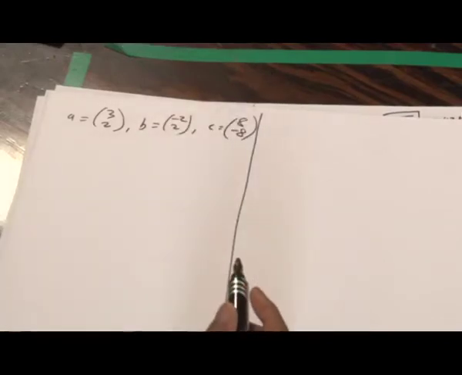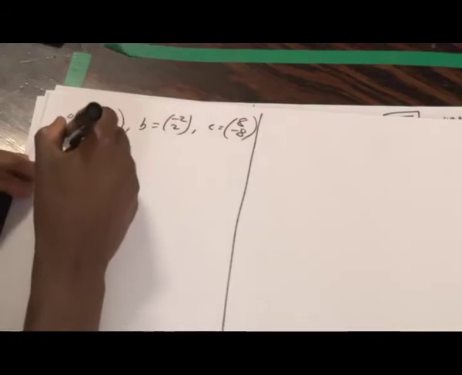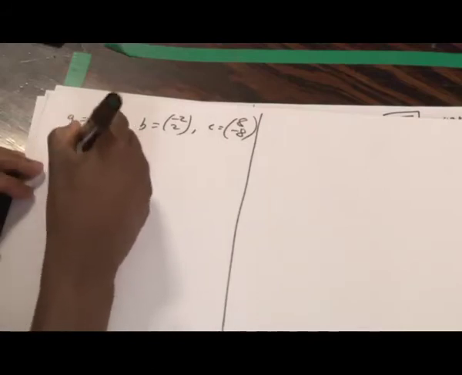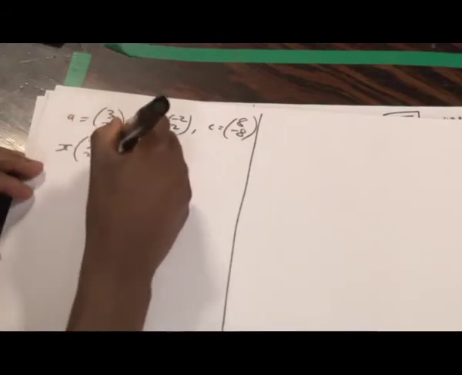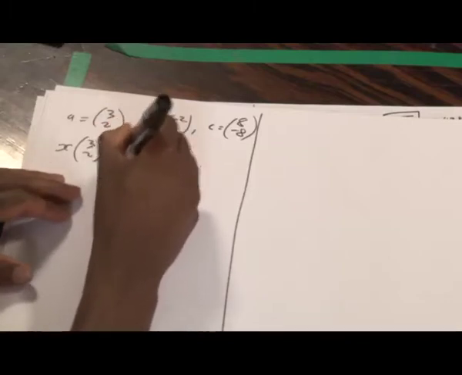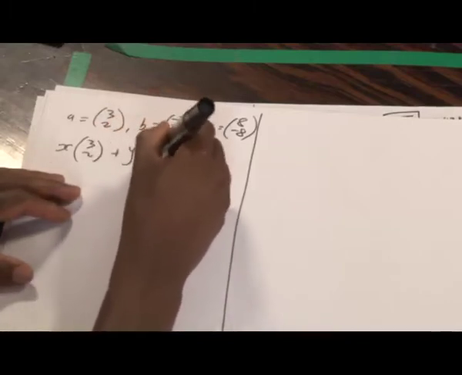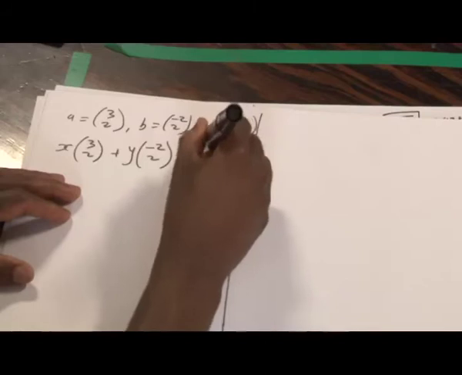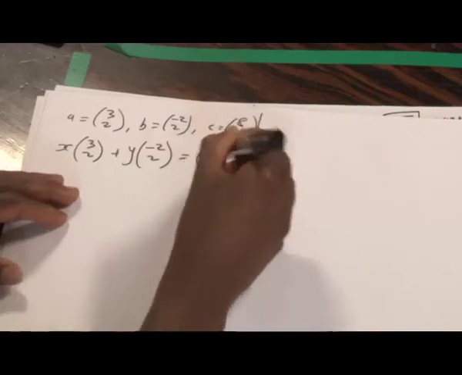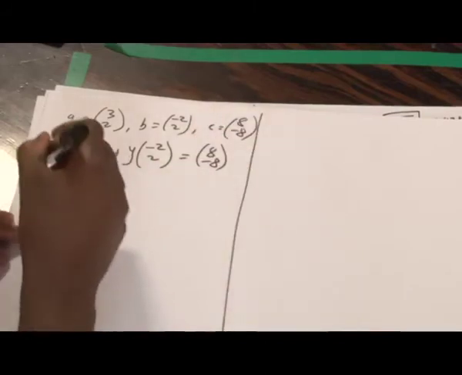Write down two simultaneous equations in terms of x and y. We're given that xA plus yB is equal to C. So we have x times (3, 2) plus y times (-2, 2) is equal to C. Your C is (8, -8). I have to write down two equations.